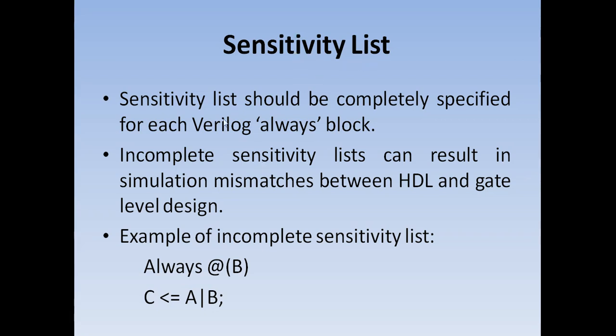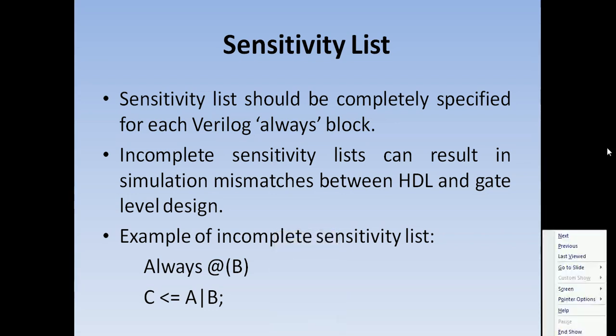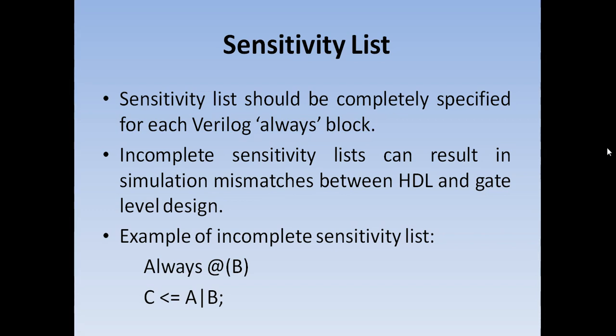Sensitivity list. The sensitivity list should be completely specified for each Verilog always block. An incomplete sensitivity list can result in simulation mismatches between HDL and gate level design. An example of an incomplete sensitivity list is like this.